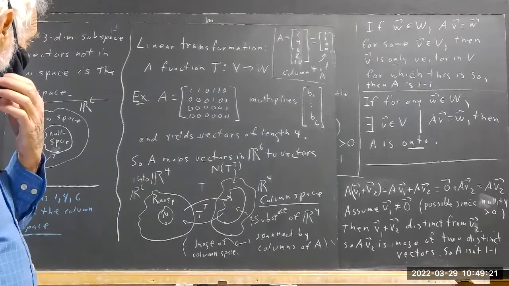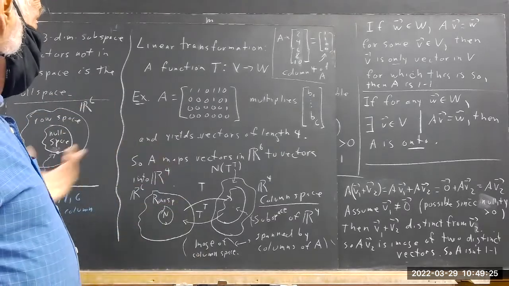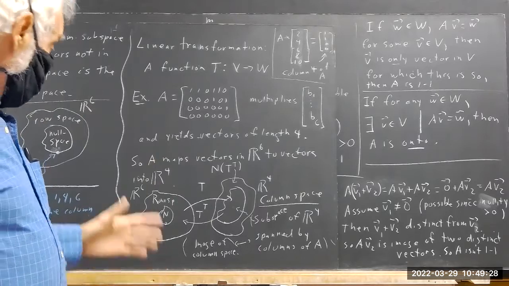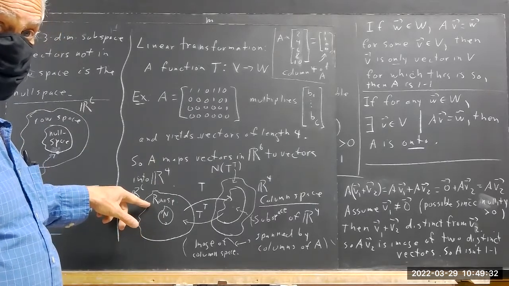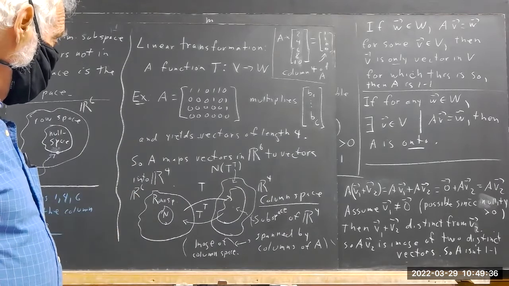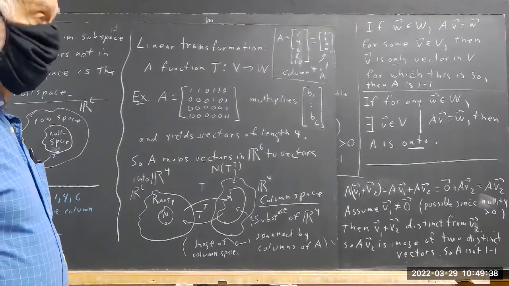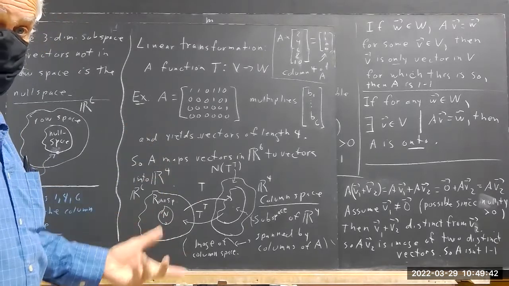Okay, the rank of the transformation is just the rank of the matrix, basically. It's the dimension of your row space. The nullity is again the dimension of your null space.